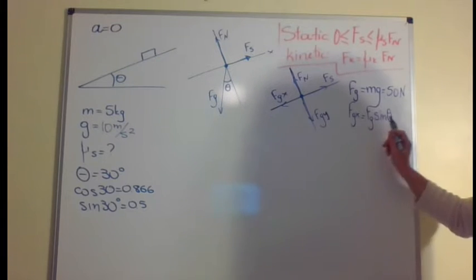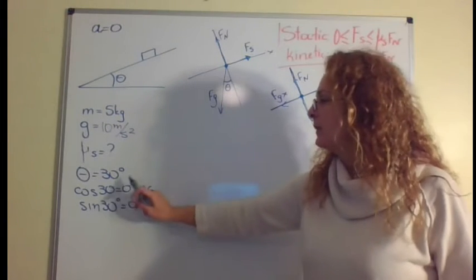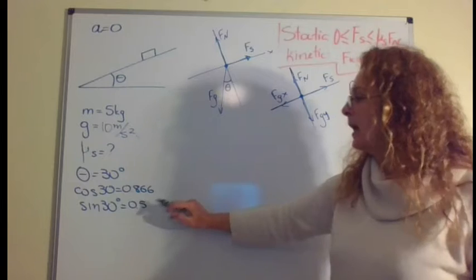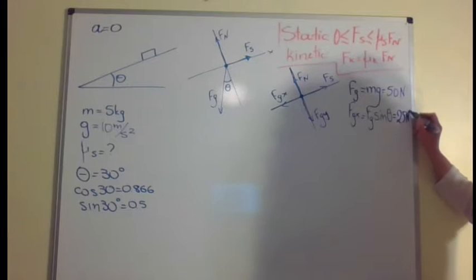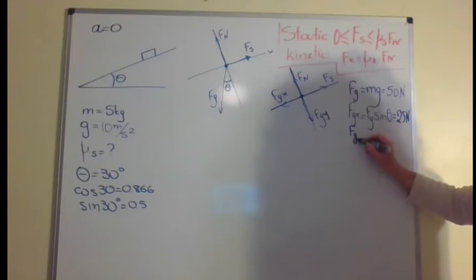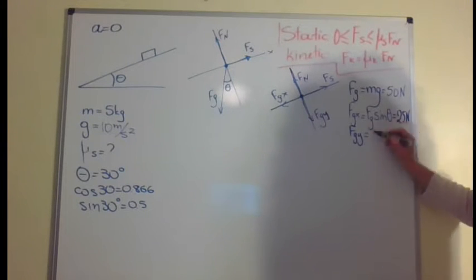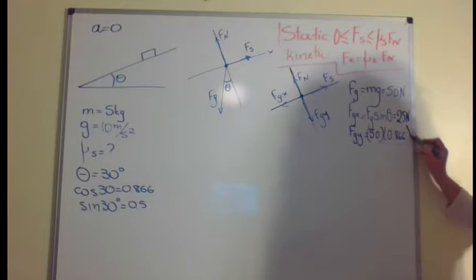So Fgx will be 50 times the sine, so this would be half of 50, so this should be 25 newtons. Well, Fgy should be 50 times 0.866.